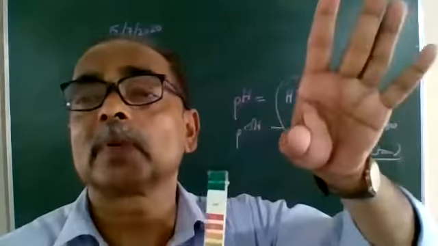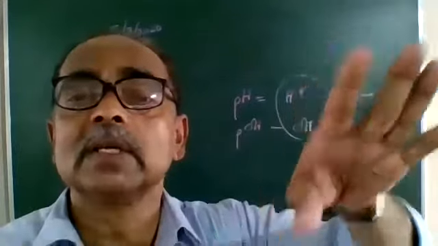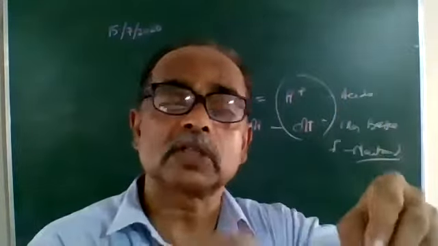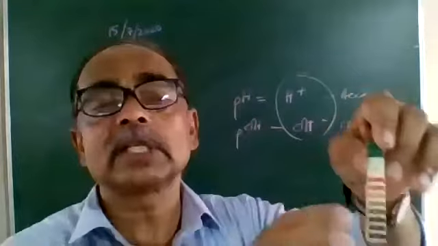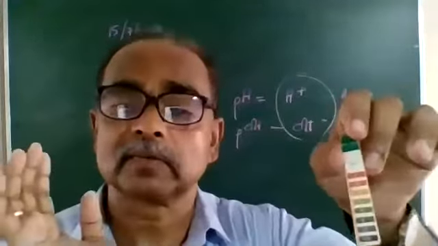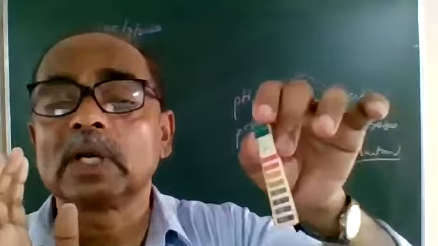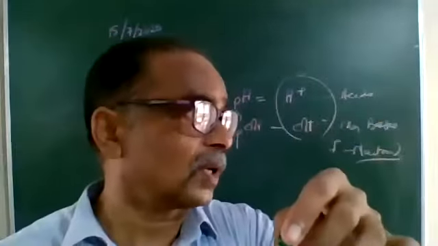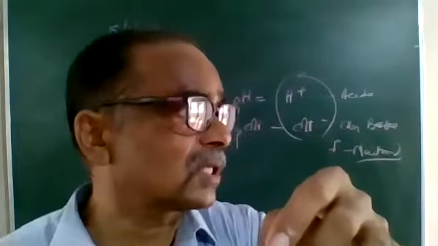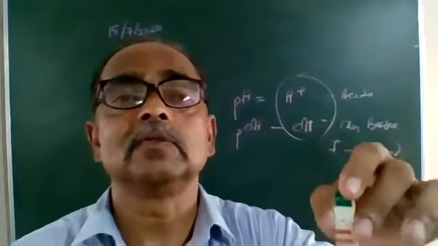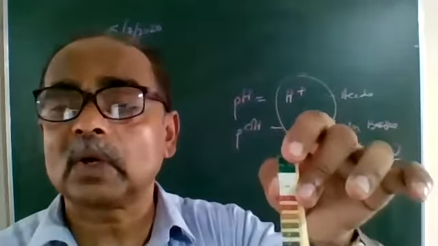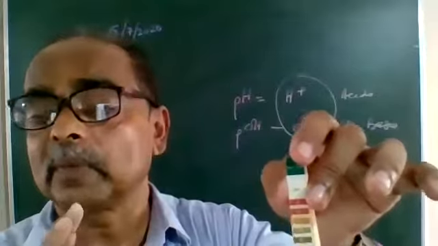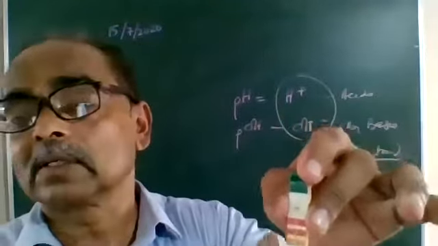This would be the color of the paper, and therefore we say the pH is 7. Nothing to do: just put the solution, match the color with the chart, and that is the pH. This is how one can find it. This is what is known as pH paper, or universal indicator paper. Understood? This is clear?